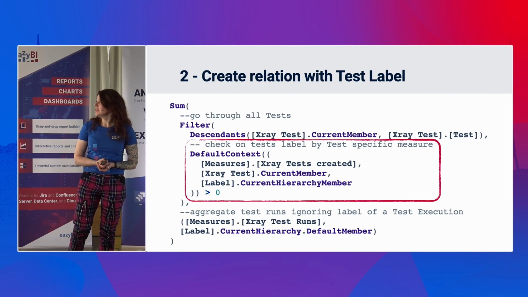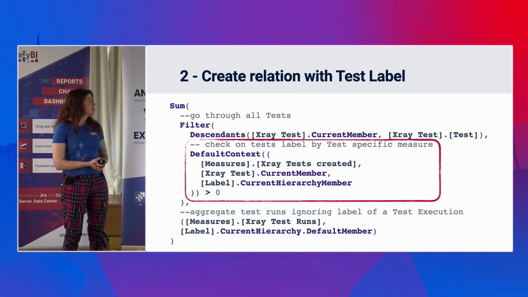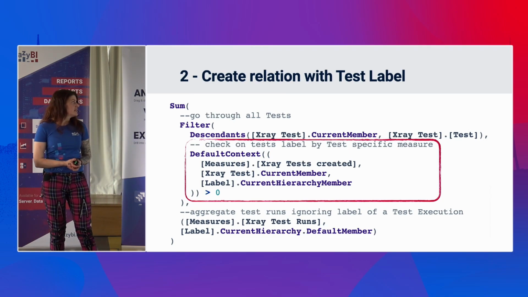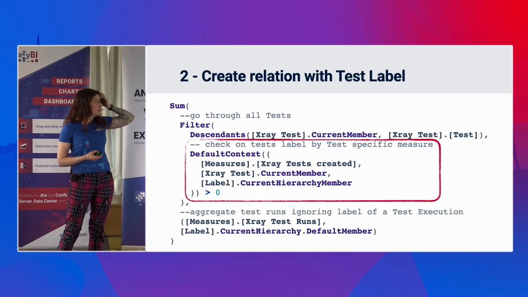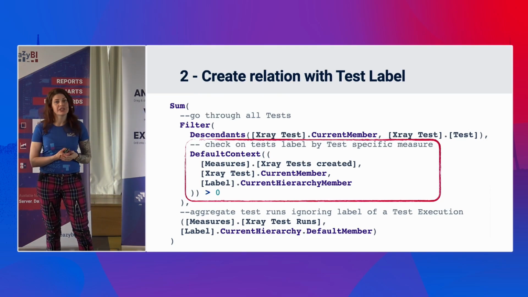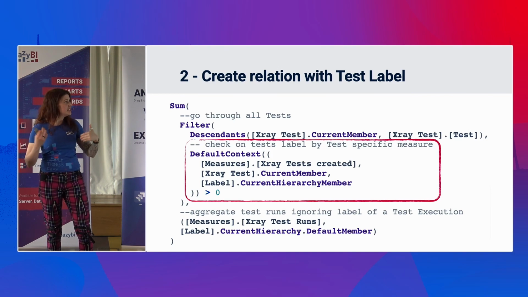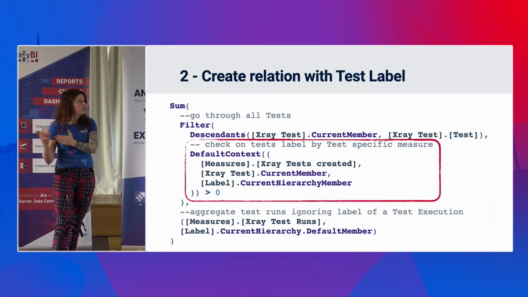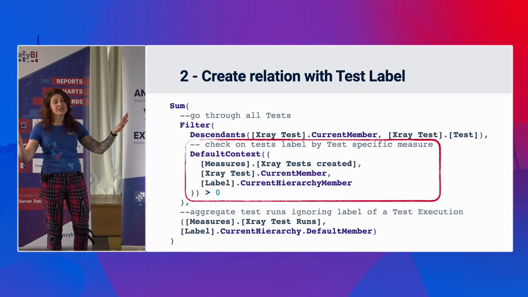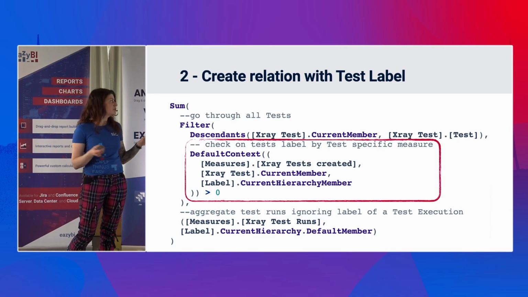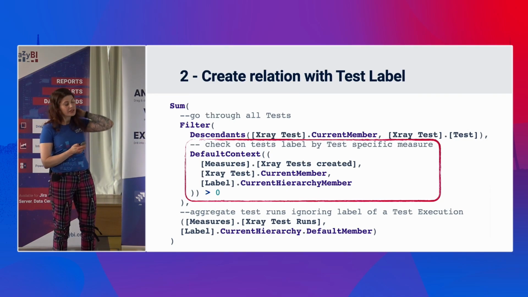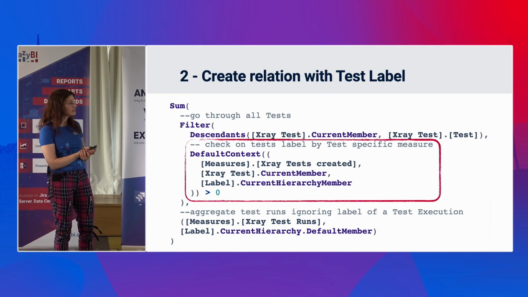For the filter, we are looking for the tests that we have in this default context, X-ray tests created, so we are looking for a test that has the specific label and ignore the rest of the options in the report, only the test and label connection.